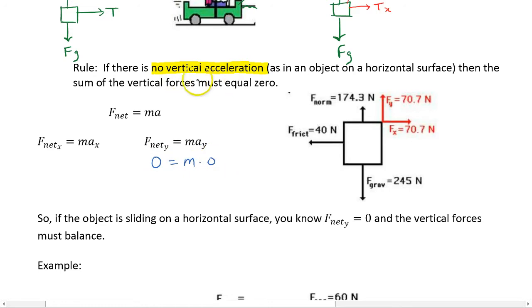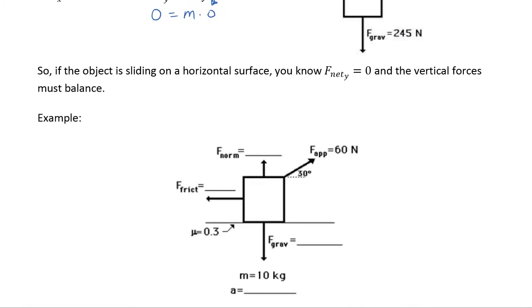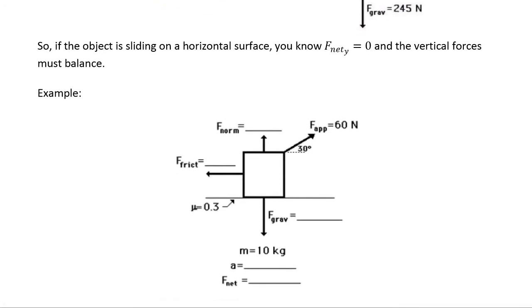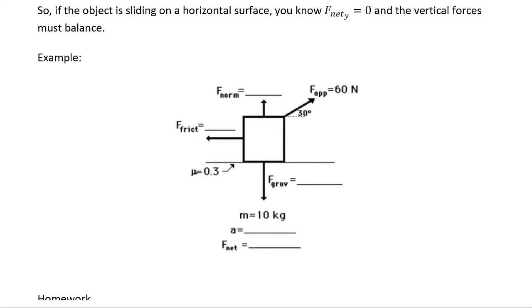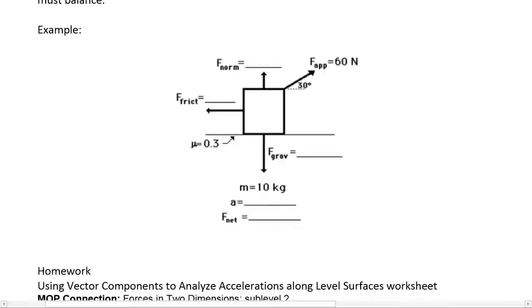If you realize there's no vertical acceleration, then we know that the vertical forces are going to add up to 0. So the normal force is going to be whatever is required to make sure everything adds up to 0. If the object is sliding on a horizontal surface, you know that Fnet y is equal to 0 and the vertical forces must balance.